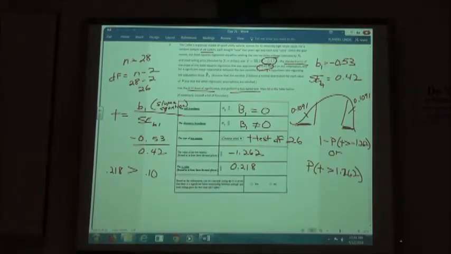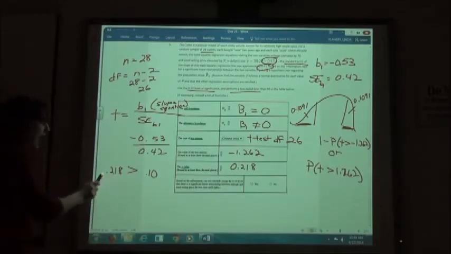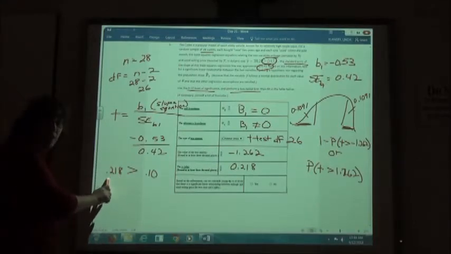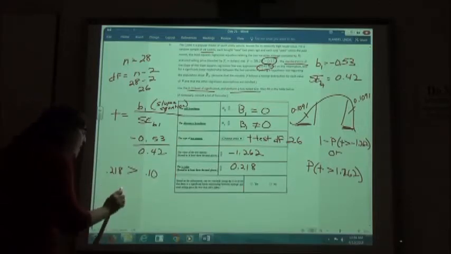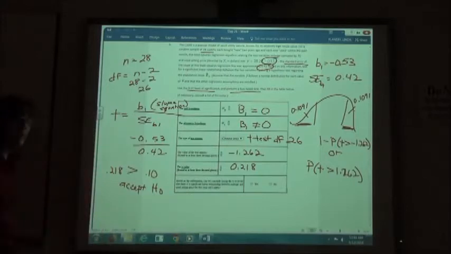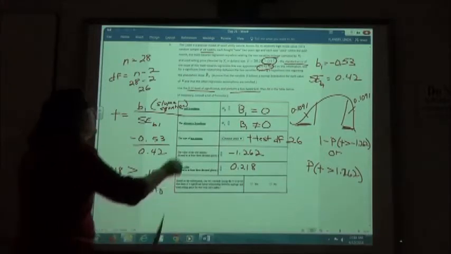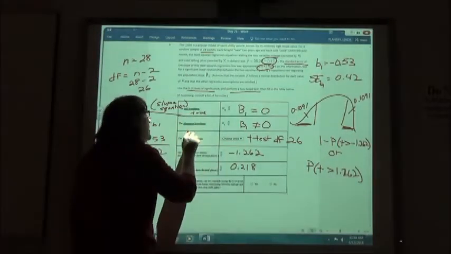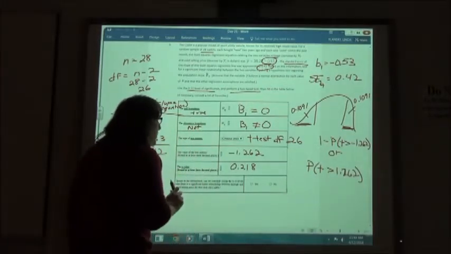Should I reject the null or should I accept the null? Hopefully you remember from all our other hypothesis testing, if the p-value is greater, I have a higher percentage, then I'm going to accept whatever the null statement is. Accept the null. This is my true statement. This one then is not true.